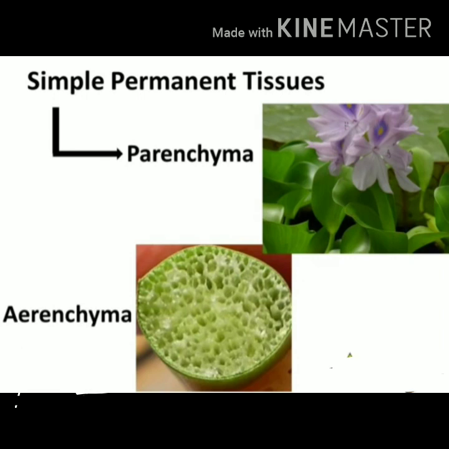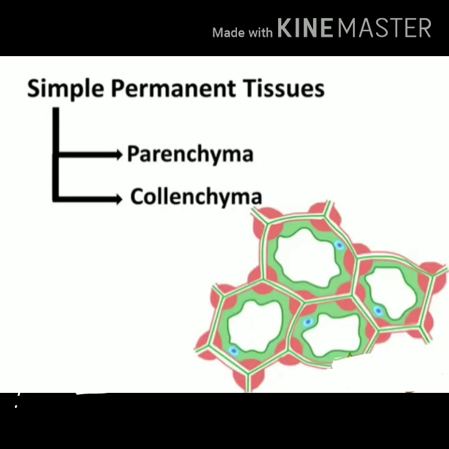Now, you would have observed that various plant parts can easily bend, such as stem, leaves, etc. This flexibility in plants is due to another type of simple permanent tissue, which is called collenchyma.